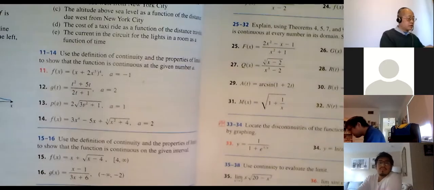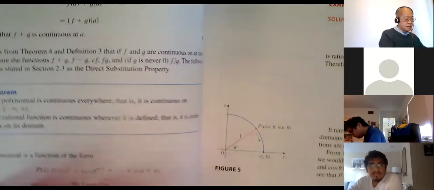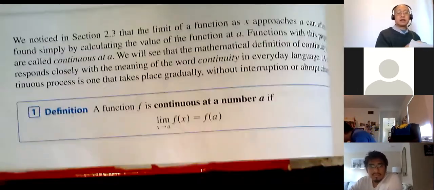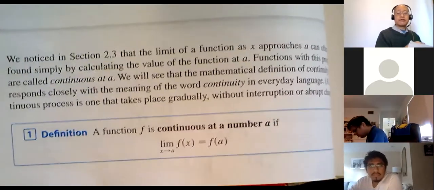This is one of the few problems where you're actually using that definition I showed you at the beginning. The limit as x approaches a of f of x equals f of a, definition 1 at the bottom of page 114. That's what I'm using here.